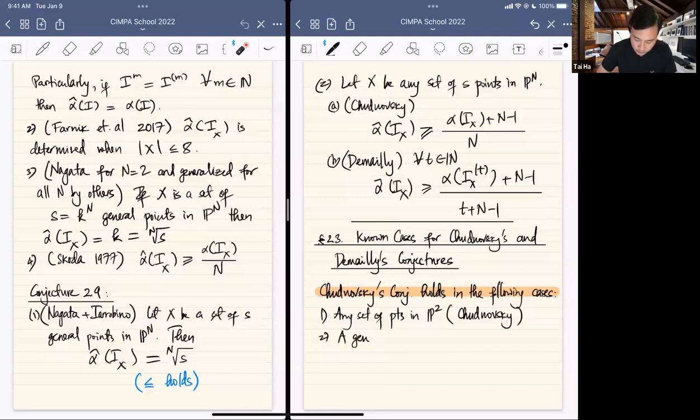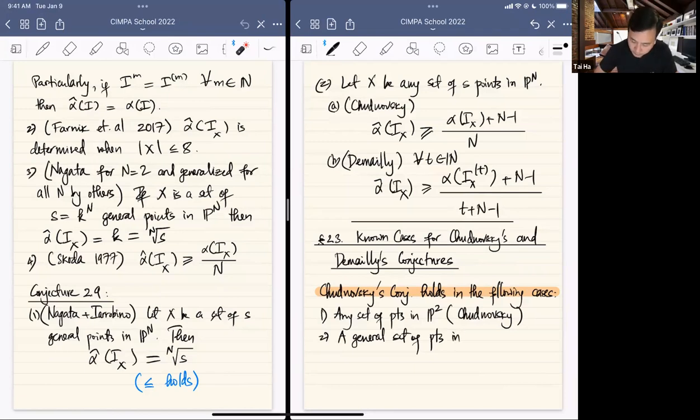A general set of points. So I usually use interchangeably set of general points or general set of points. They mean the same thing for me.